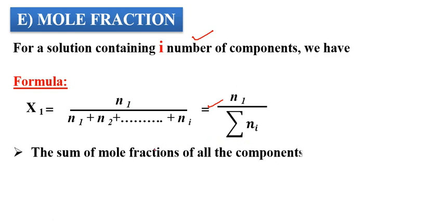Then the sum of mole fractions of all the components is unity, that means equal to 1. For example, x1 plus x2 plus dash dash dash xn equals 1. Generally we call it x, but actually it is known as chi. Chi1 plus chi2 plus dash dash dash chi n equals 1.